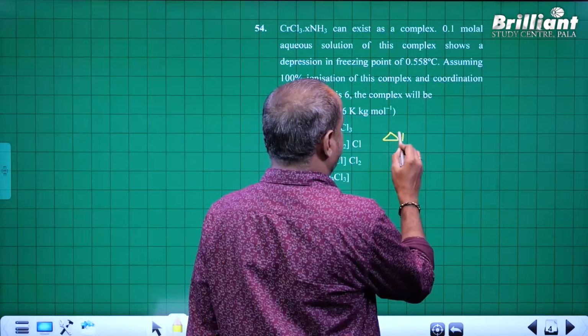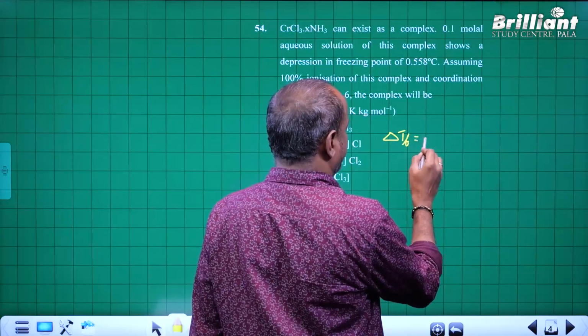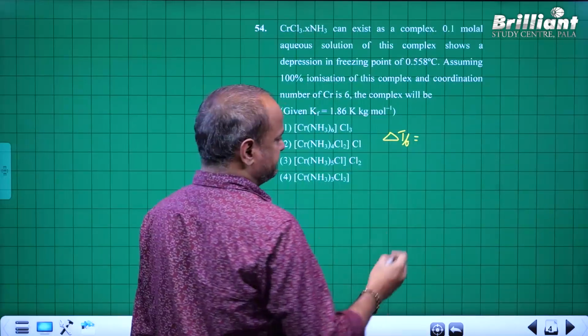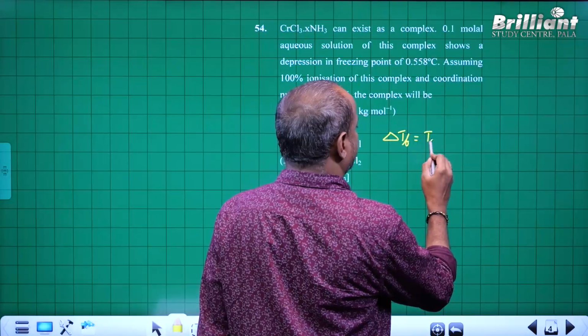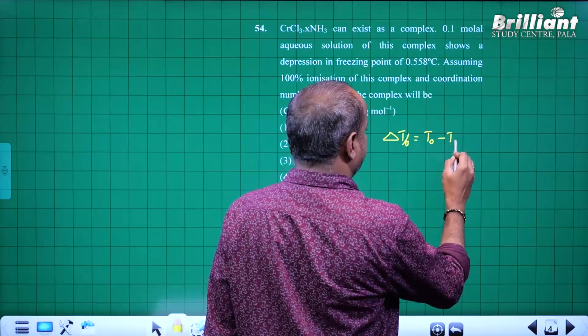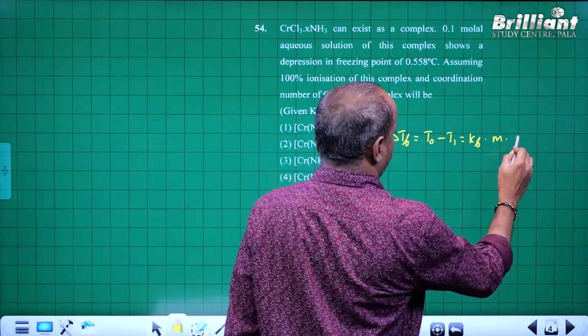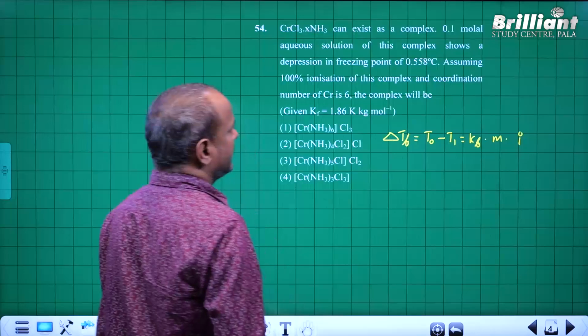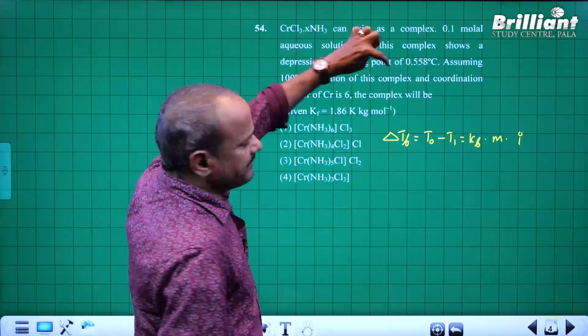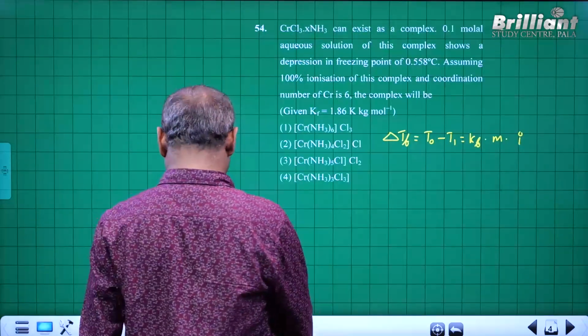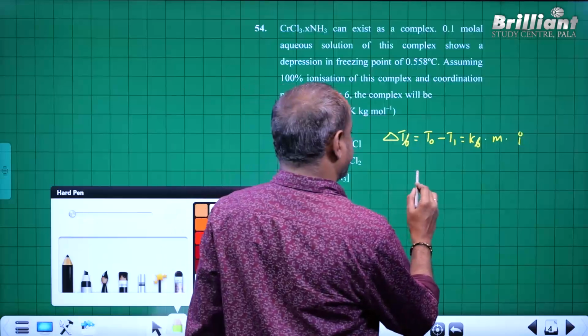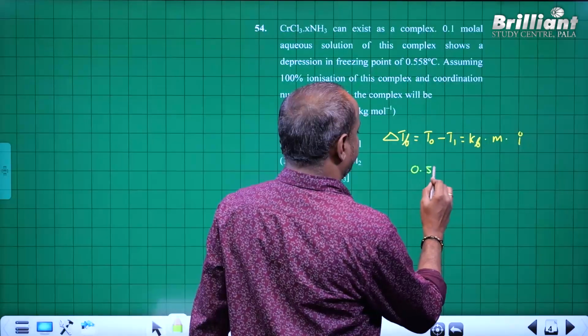Delta Tf is equal to the depression of freezing point, T0 minus T1, equals Kf into molality into i factor. The depression given is 0.558.